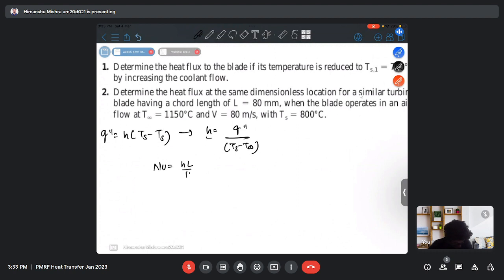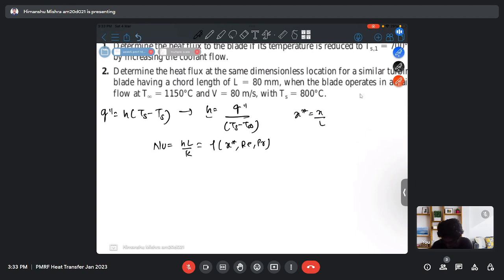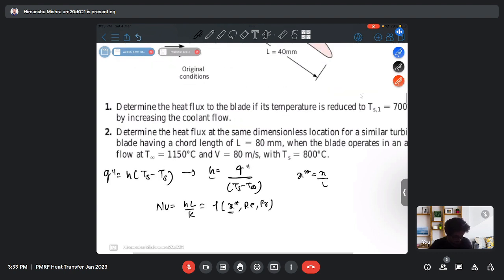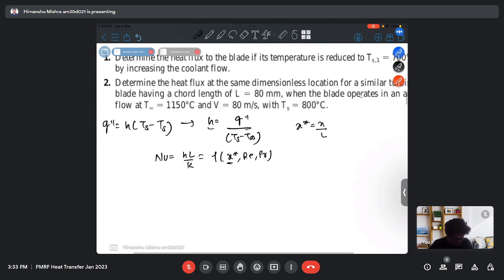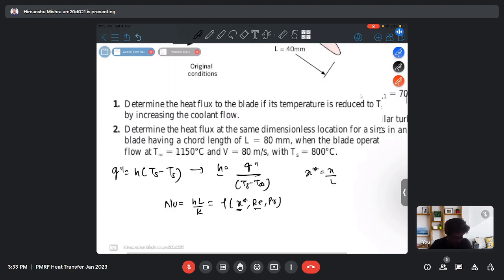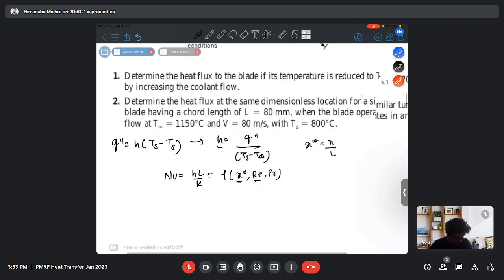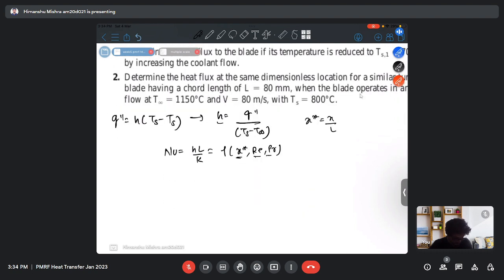the Nusselt number will be hL by k, and I can write this as a function of x star, Reynolds number, and Prandtl number. My x star is some non-dimensional length here. Now, since there is a change in the temperature only, there will be no change in any dimension of the blade, and no change in the Reynolds number because the fluid is same, the velocity of the fluid is same, and no change in the Prandtl number.